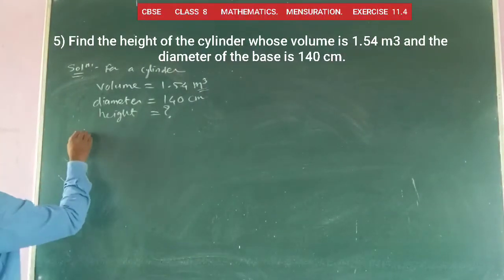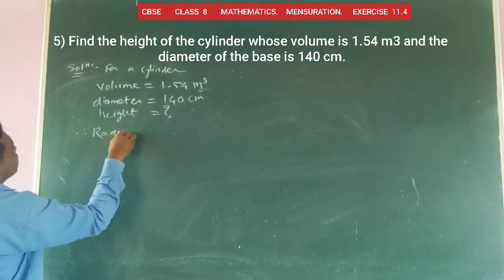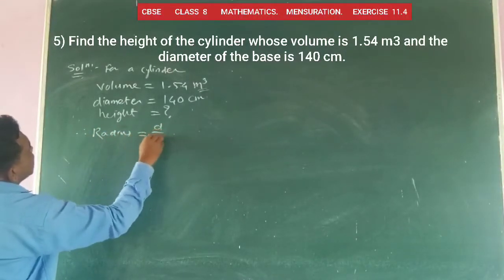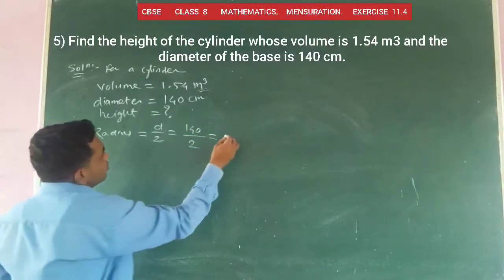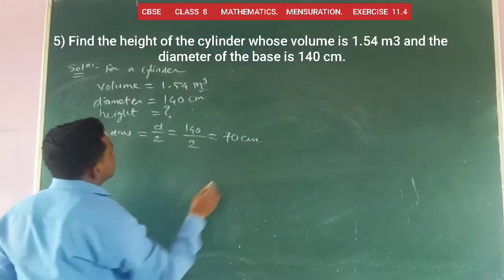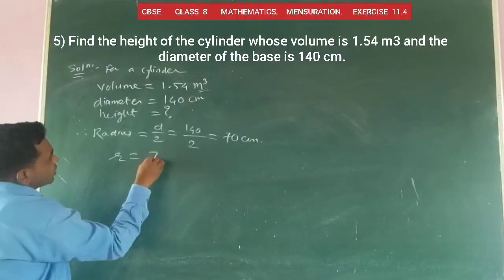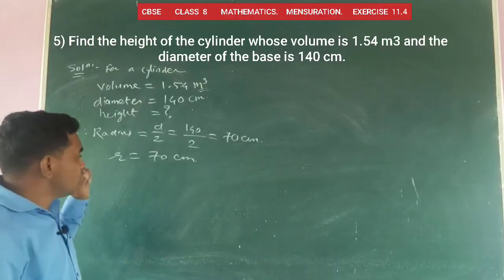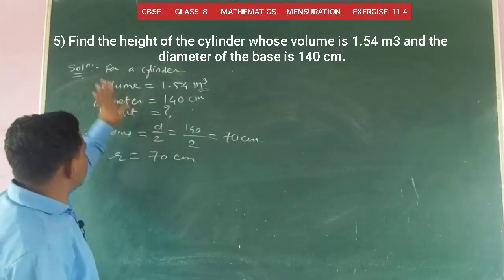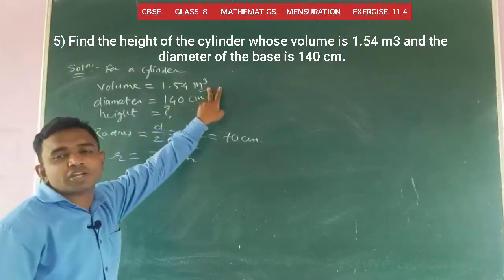If the diameter is given, then the radius is equal to d upon 2, that means 140 upon 2 is equal to 70 centimeter. But concentrate here, the unit of the radius is centimeter and the unit of the volume is meter cube.